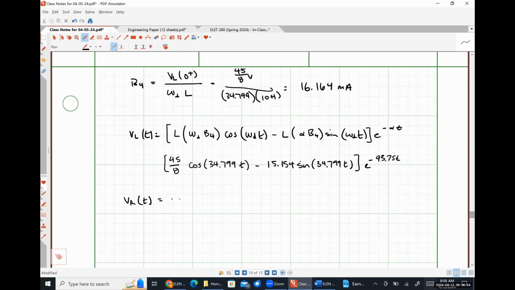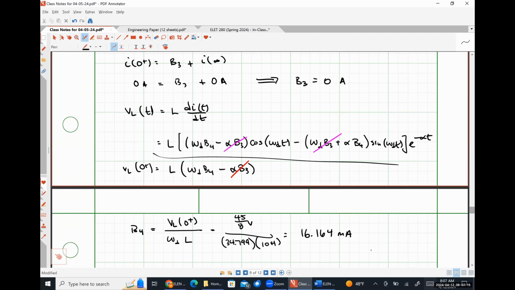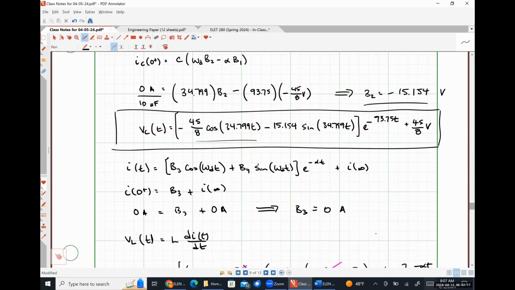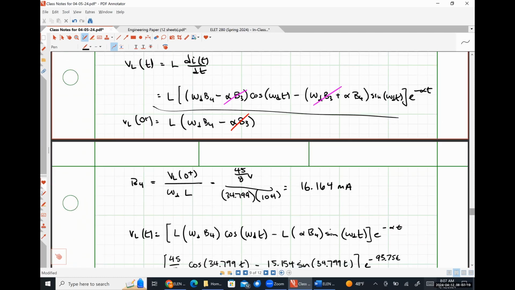So this looks like negative 30.308 sine 34.799t e to the negative 93.75t. And now I need to add any DC terms, so that's going to be a plus 45/8.